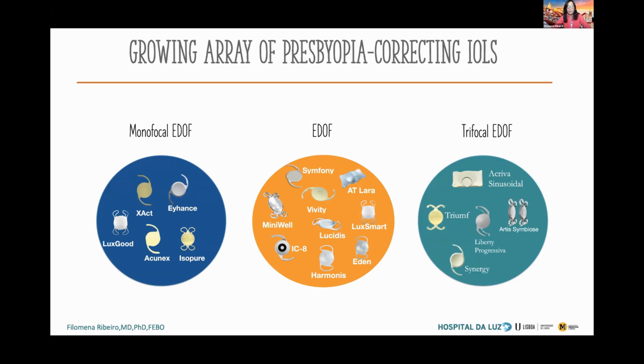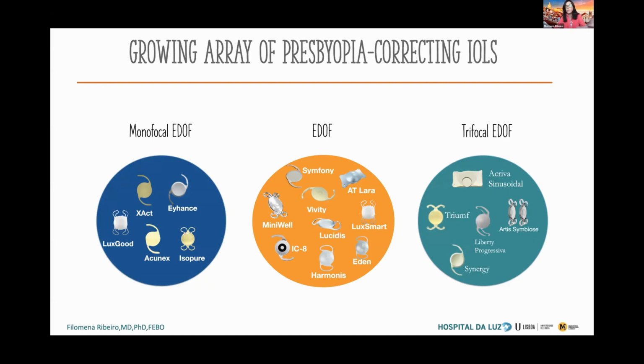And we see the development of IOLs trying to improve this intermediate vision with the EDOF lens. We have several right now with different defocus curves. We also have monofocal IOLs, which are advanced because they have a little bit of correction of intermediate vision. And the trifocal evolution is also towards more intermediate vision.